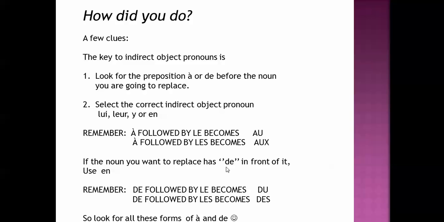If the noun you want to replace has de in front of it, use en. Remember that de followed by le becomes du, and de followed by les becomes des. So look for all of these forms of à and de. This might be a good slide to copy down because it tells you what you need to do.